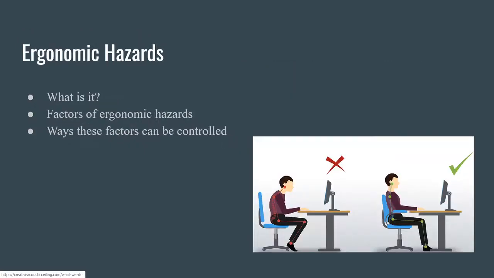Ergonomic hazards. This is everything that involves lifting, holding, walking, pushing, or reaching for something. When you're doing this, vibration, noise, eye strain, motion, and heavy lifting are all big factors of these hazards.